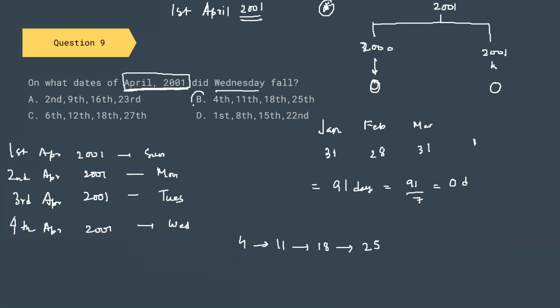So option B is our correct answer. This question was pretty simple. You just had to understand the question properly. Instead of trying to do every day, you find out the day on 1st April 2001, and then using that relationship, check the rest of the days.